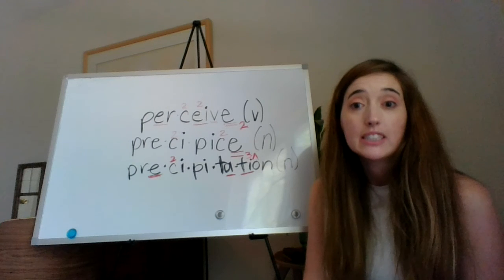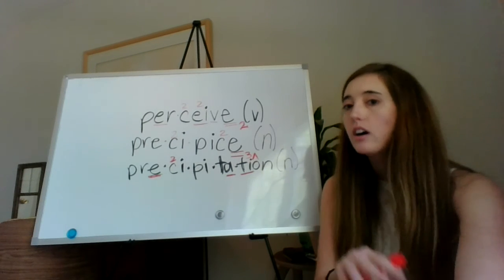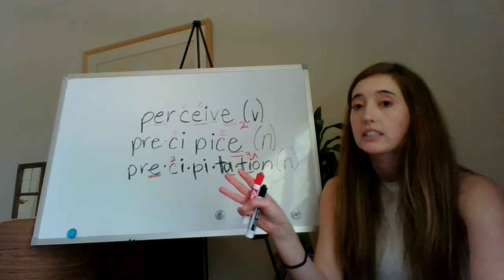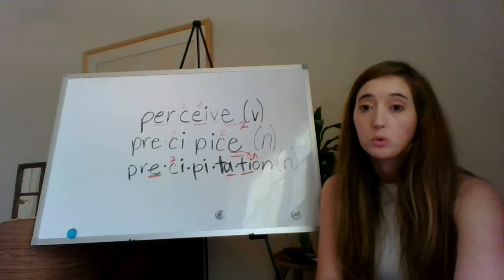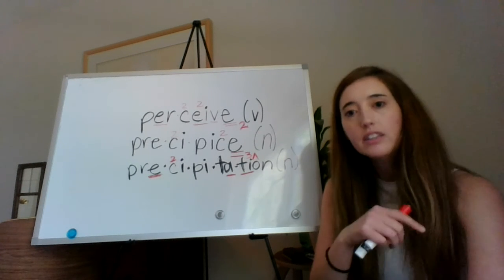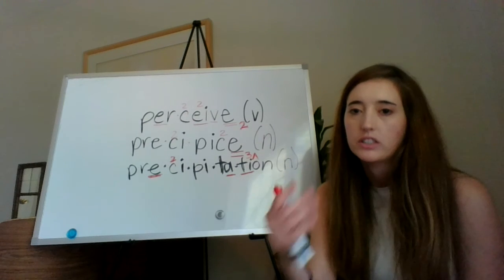Okay, so let's sound it out as we go through each syllable. There's going to be a silent M that we only say in the second syllable, but it keeps the vowel short. Okay, so next syllable, and 4 sounds.